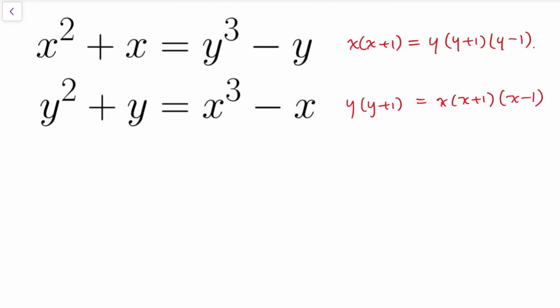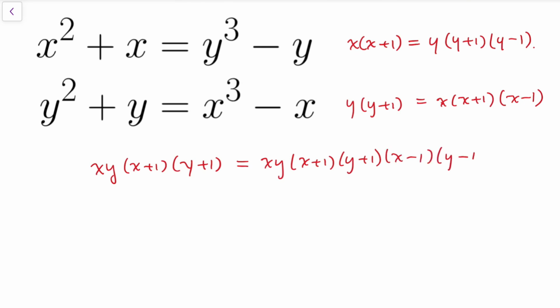Now if we multiply, which should still hold for the equality, we have xy times (x + 1) times (y + 1) on the left, while on the right, we have the exact same expression, further multiplied by (x - 1) times (y - 1).